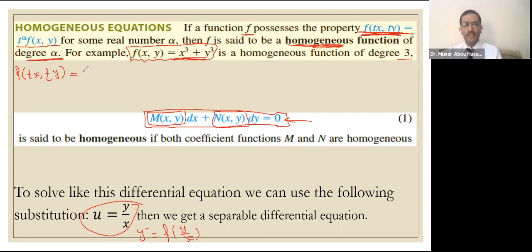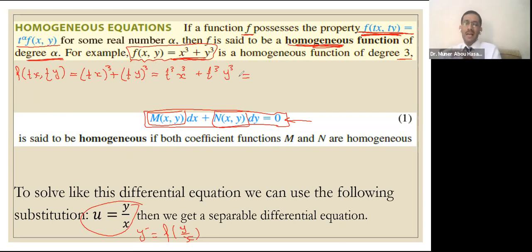Instead of x, I have tx, so it will be tx cubed, plus, instead of y, I have ty, all to the power 3. Now tx to the power 3 will be t to the power 3 x to the power 3, plus ty to the power 3 will be t to the power 3 y to the power 3.